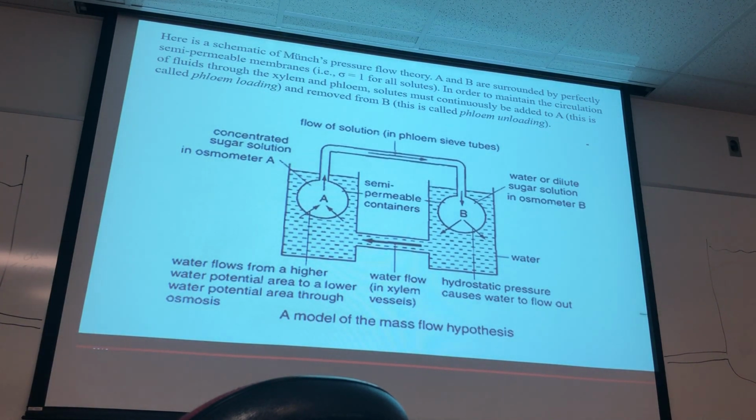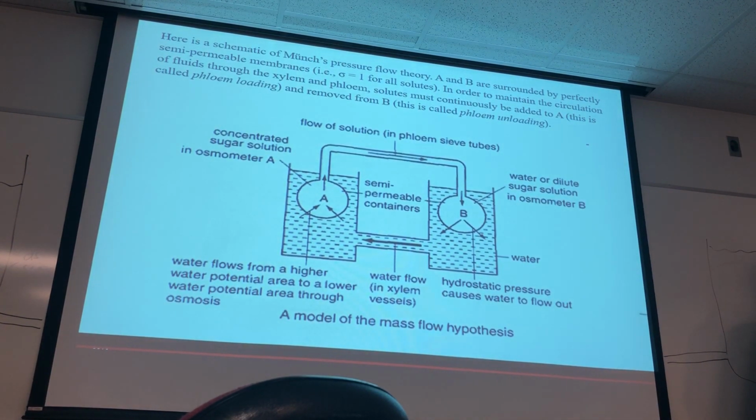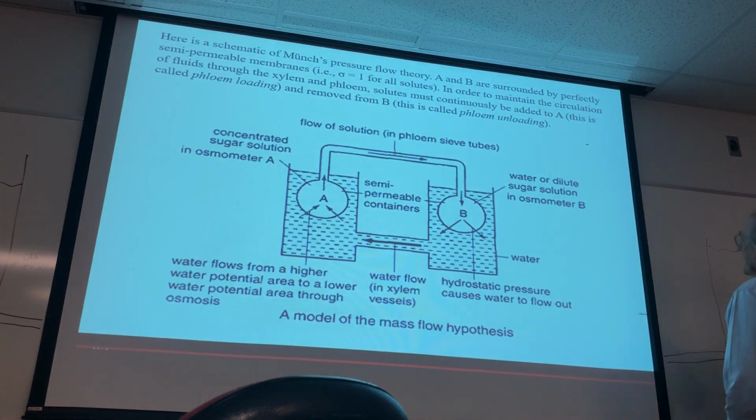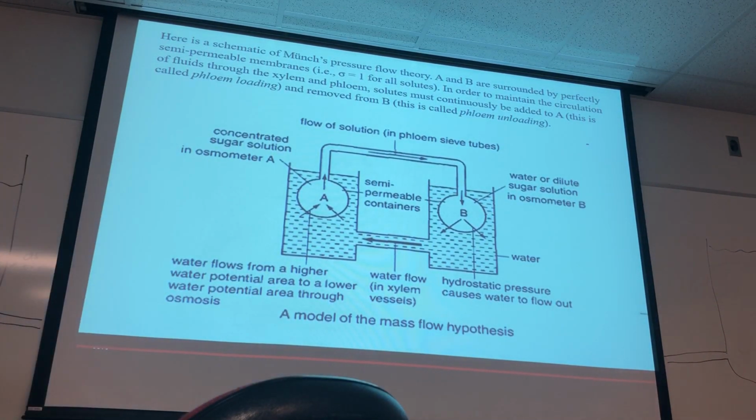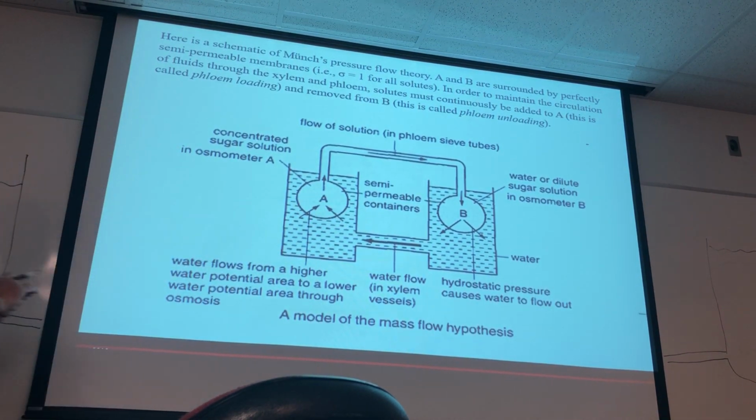Okay, so let's say pure water here, pure water over here. We call this one B and this one A. Now, if we suspend a bulb in each beaker, like this, that has a perfectly semi-permeable membrane around it, that means that the reflection coefficient is 1 for all the solutes.